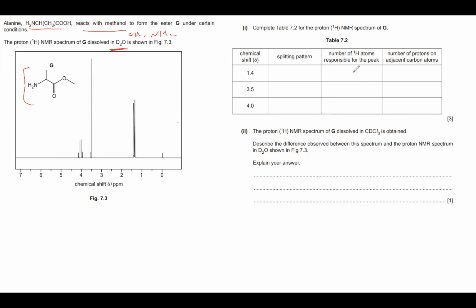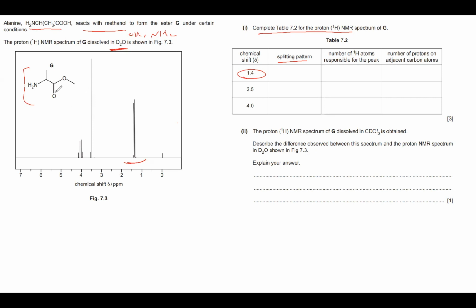Okay, what's the question? Complete table 7.2 for proton NMR spectrum of G. So we need to complete this table. We have the peak at 1.4, and we need a splitting pattern, number of H's responsible for this, and adjacent carbon atoms. 1.4 here, guys, this peak.